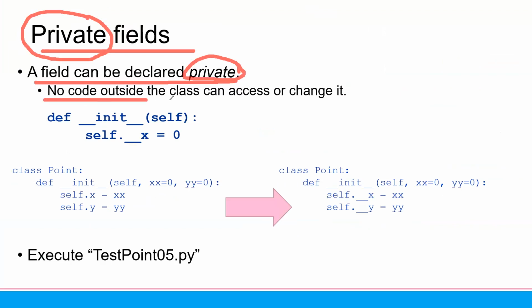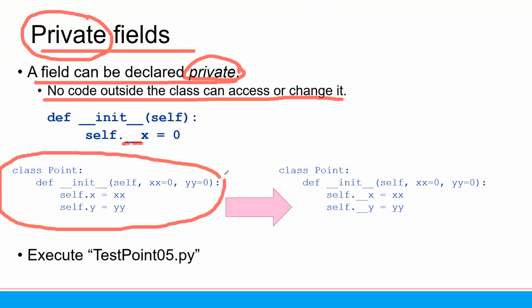No code outside the class can access or change it. So in this case, we need to use double underscore. You have the class point like this. Now, I would like to have the double underscore X and double underscore Y.